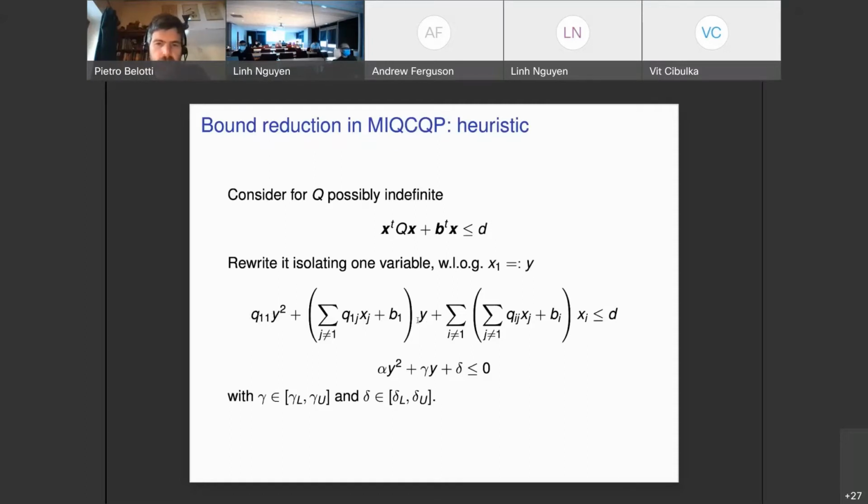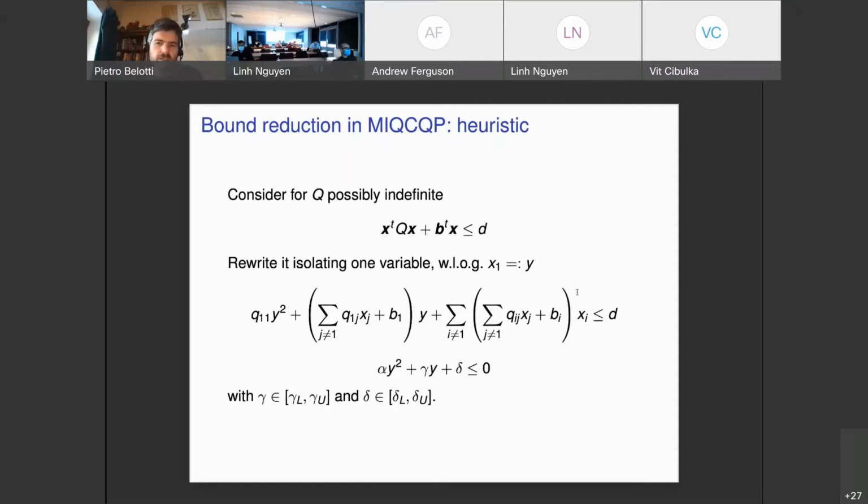And then you have a coefficient for y that is not a constant, but rather a linear expression, which is given by this summation plus b1, because I consider the linear part as well. And similar for the rest of the summation, including the x's.